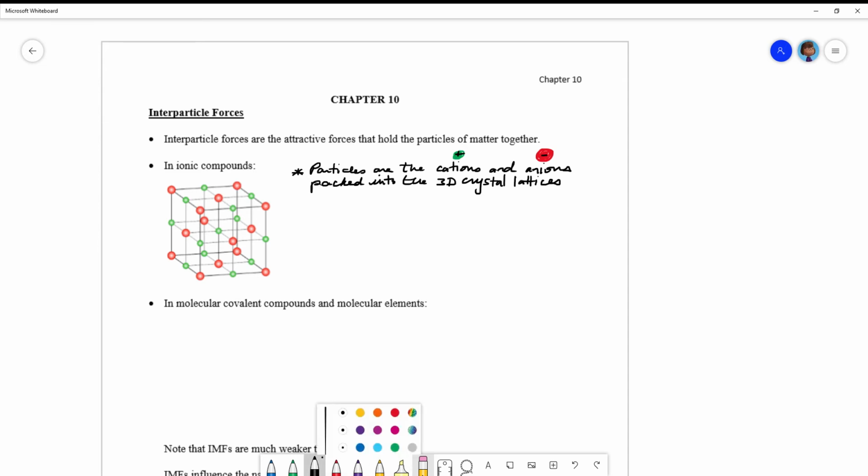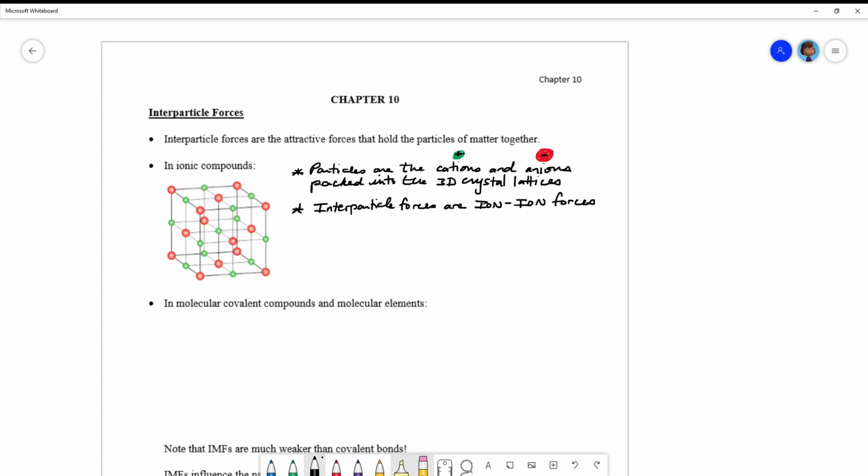So what are the interparticle forces that exist between these cations and anions? Well, often they're called ion-ion forces. So I'm going to write that down over here. Our interparticle forces are ion-ion forces.